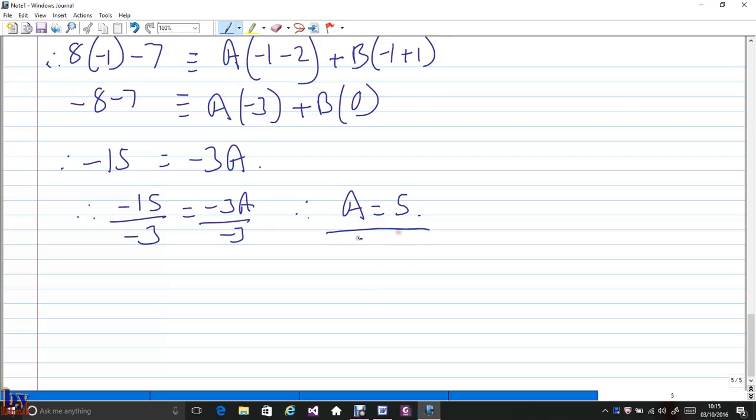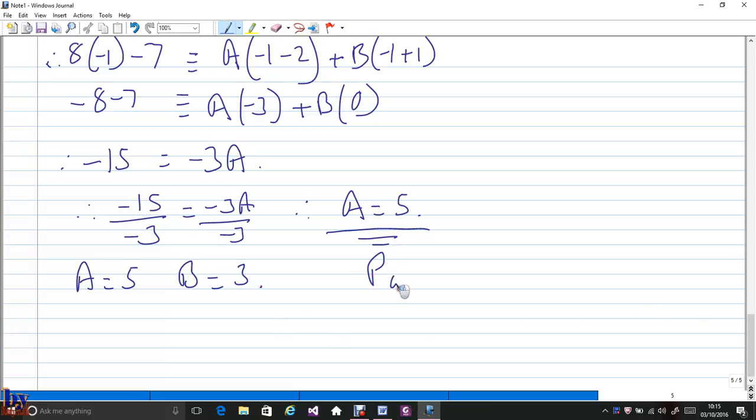Okay, so we've gone through the process to determine the value of these two constants, a and b. So we've got a equals 5 and b equals 3.